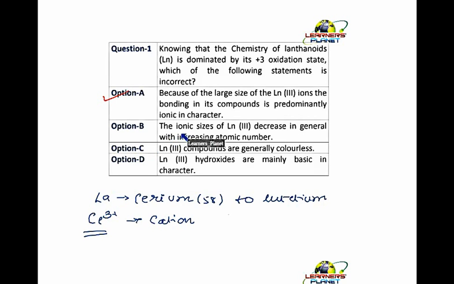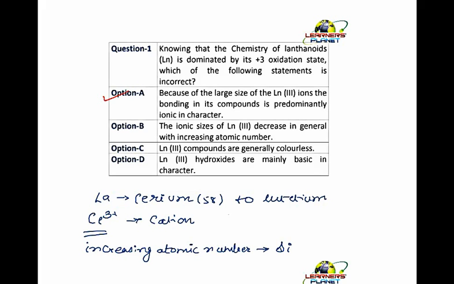Now the next: the ionic size of Ln3+ ions decreases in general with the increase in atomic number. Is it the case, students? With the increase in atomic number, what happens?